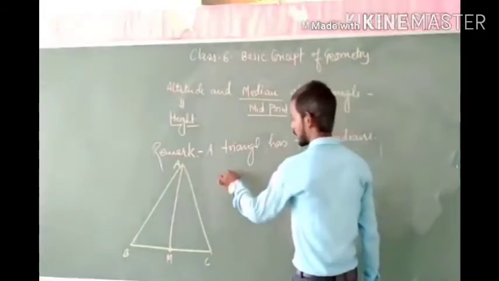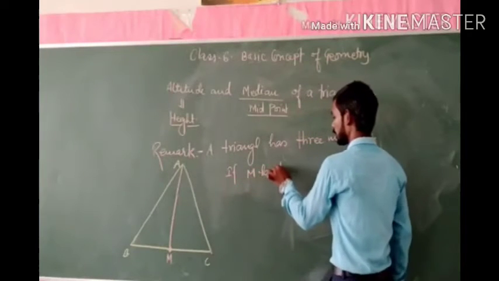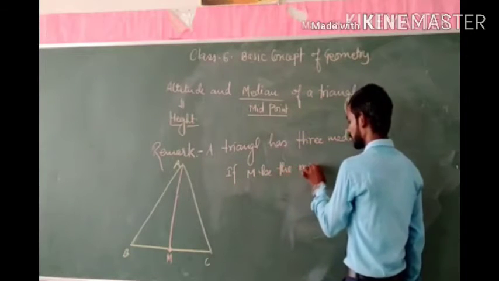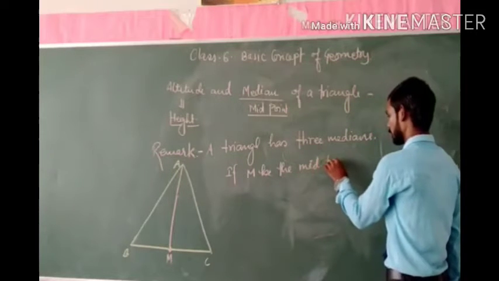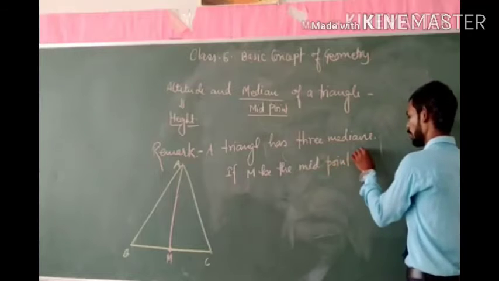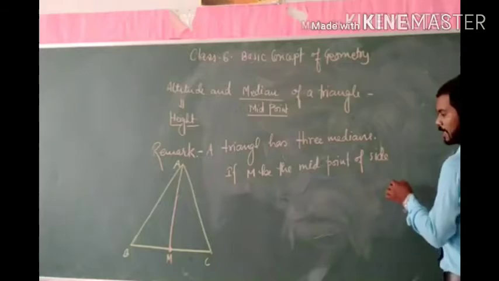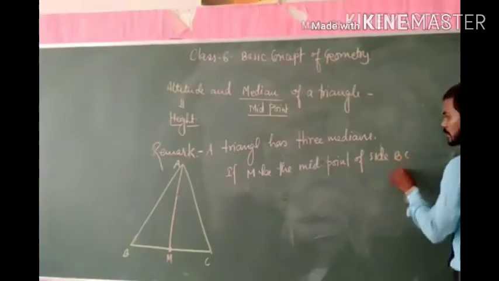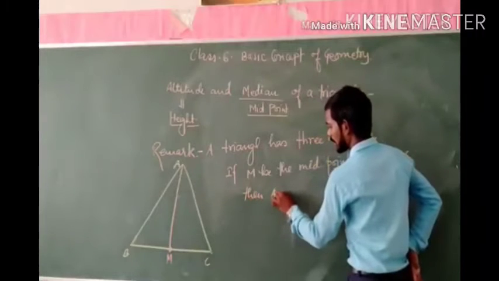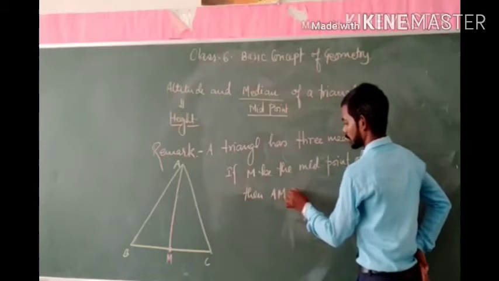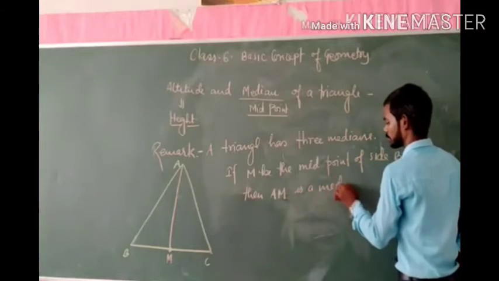So here we can write that if M be the midpoint of side BC, then AM is a median.